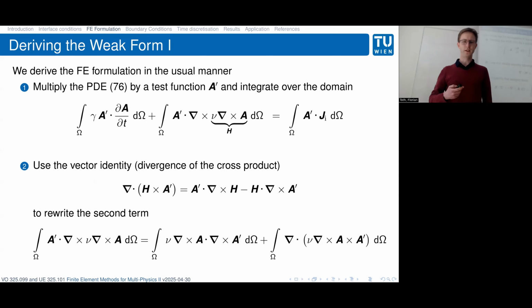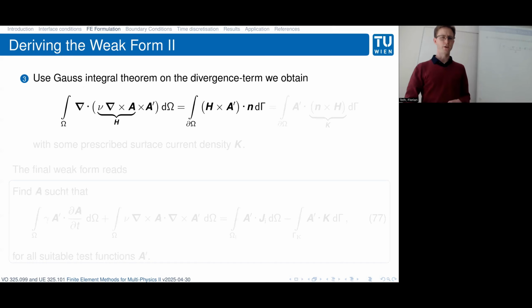And when we have done this, we again see a divergence term appearing. And on this divergence term, we can, of course, use the Gauss integral theorem to rewrite the divergence in terms of the boundary flux.